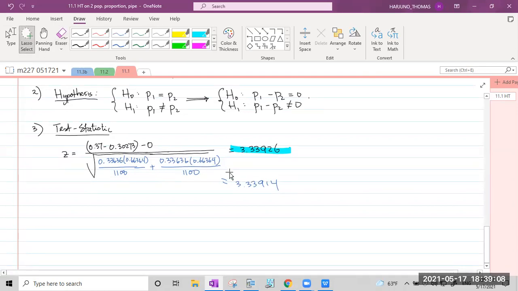Maybe this is from calculator, from stat, test, to proportion Z test, and this is computing.